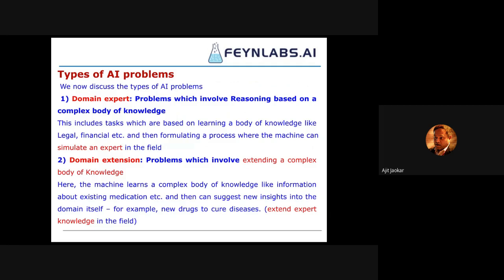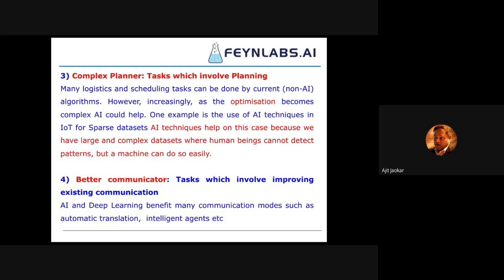Another way to think about AI problems is to think about what they can do. If we think about domain expert, meaning trying to replicate the domain knowledge of a person, that's one way to think about it. Then you can do domain extension, meaning that you can extend a body of knowledge. So for example, the first is thinking that you can replace the function of a lawyer. The second is drug discovery, meaning finding new types of drugs. You can think about complex planning, which involves understanding a task like operations research.